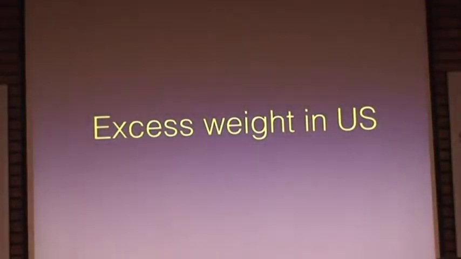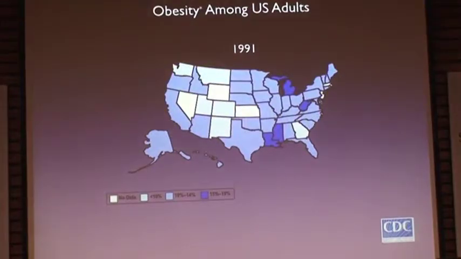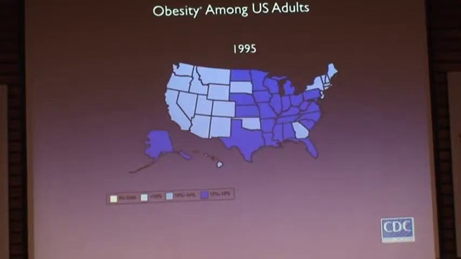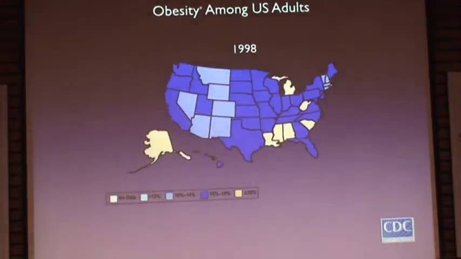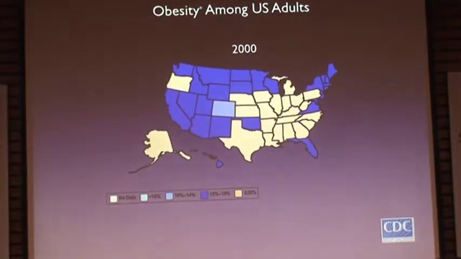So how big is this problem in this country? It's really very significant. If you go back to the early 90s and follow every year the map of the U.S. based on the prevalence of obesity, you'll see a fairly impressive increase in the prevalence every year.